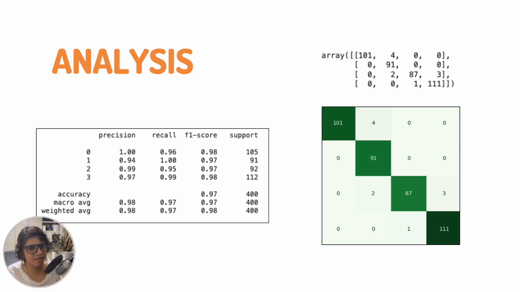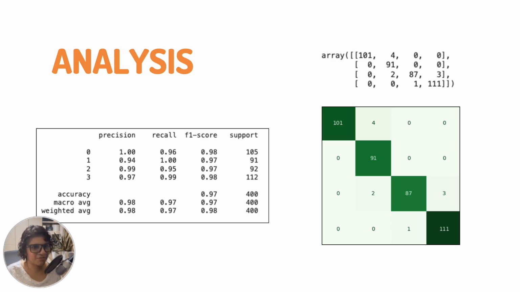Precision is 0.94 and recall is 1, resulting in an F-score of 0.97. In the confusion matrix, 91 instances of class 1 were correctly predicted. This explains the perfect recall. Precision is lower because 4 instances of class 0 were incorrectly predicted as class 1, which is false positive.